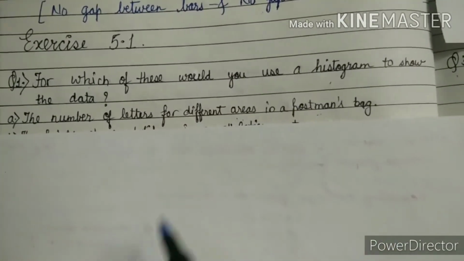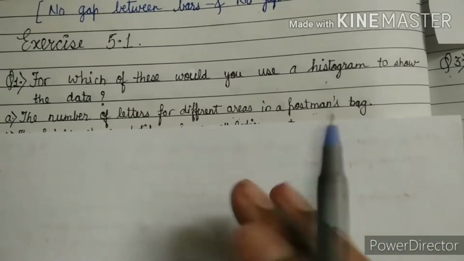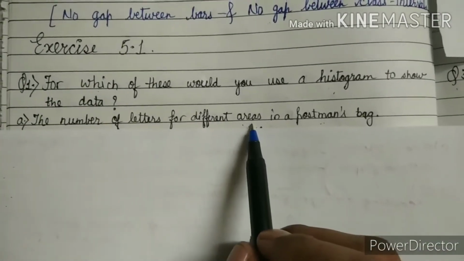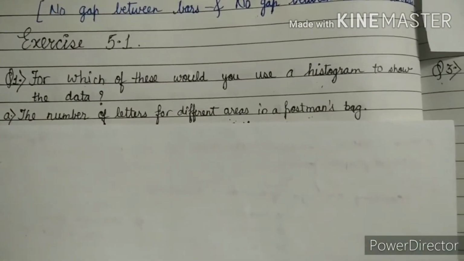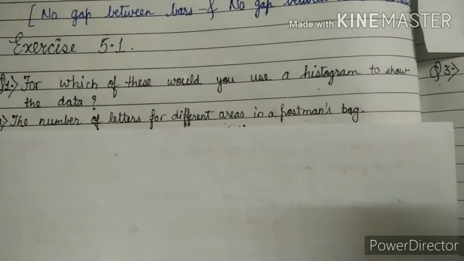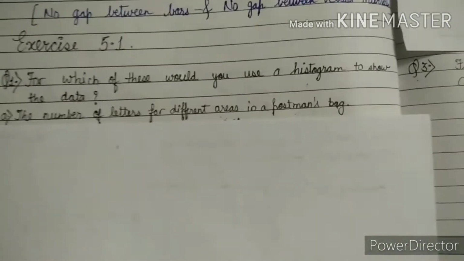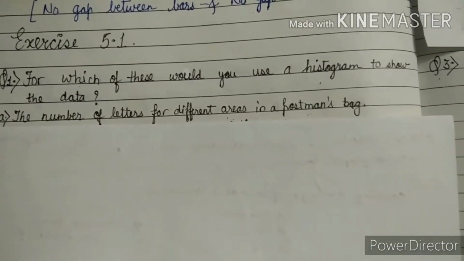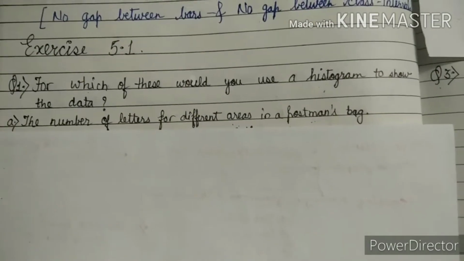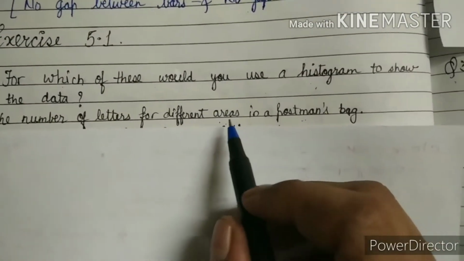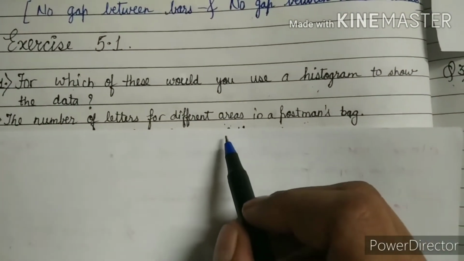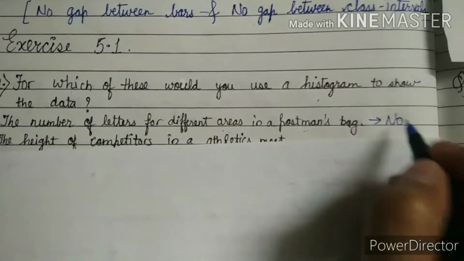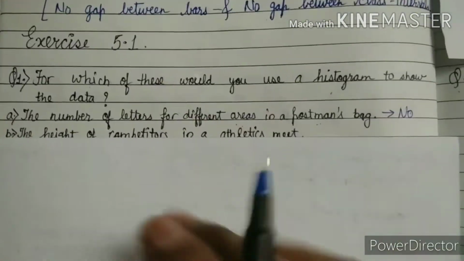We already discussed that we have to take ranges, lower limit to upper limit, but the postman arranges all the letters area wise, like area 1, area 2, area 3, area 4. So he always arranges the data area wise. In this situation a histogram will not be used, so here we can't use a histogram.